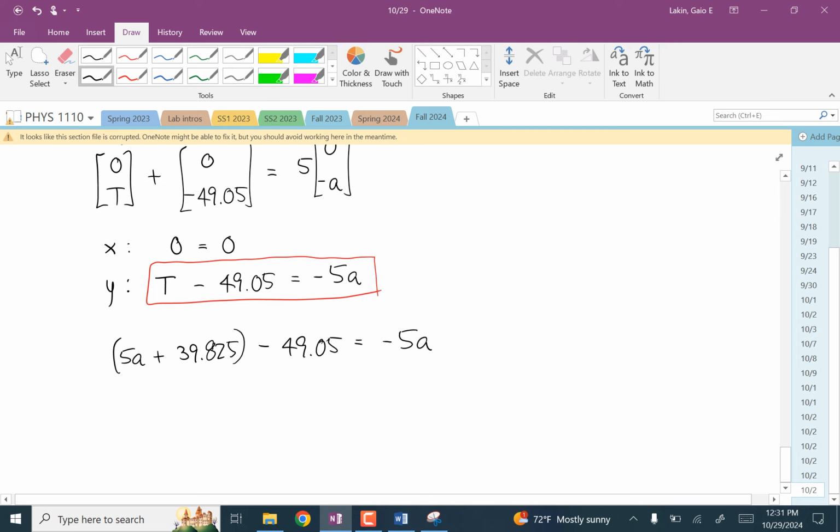And so 10a is equal to negative 9.225. And so a is equal to negative 0.92.